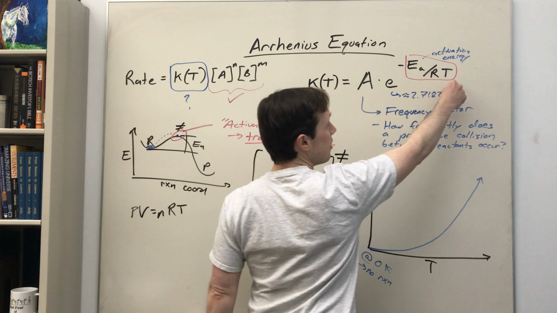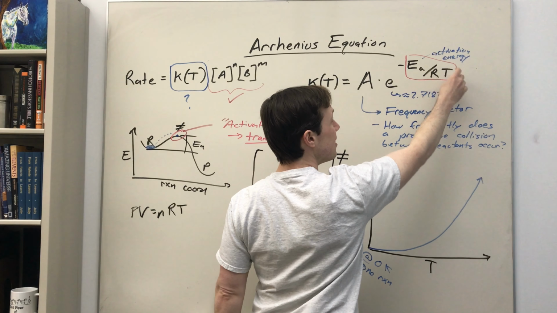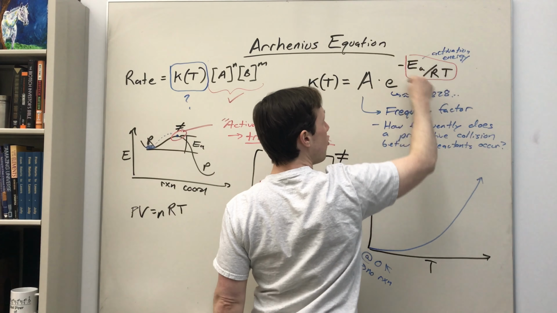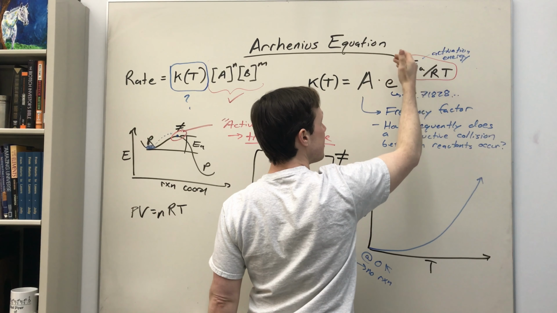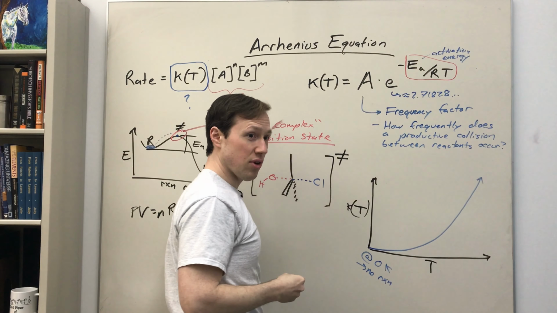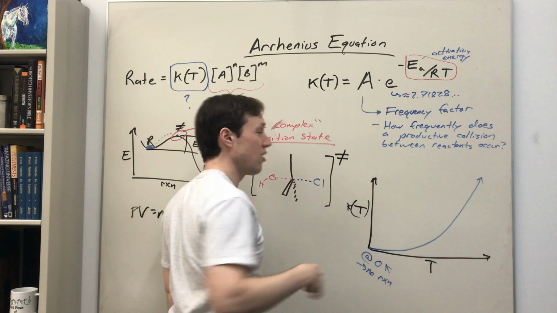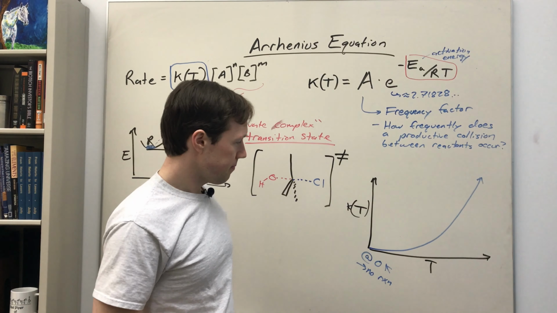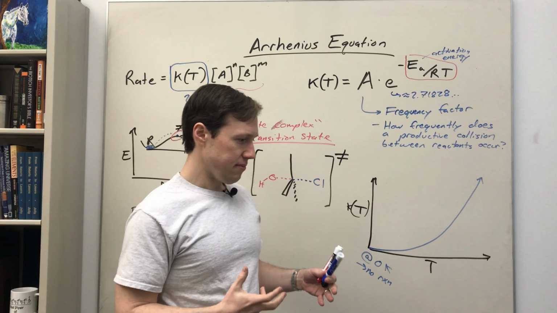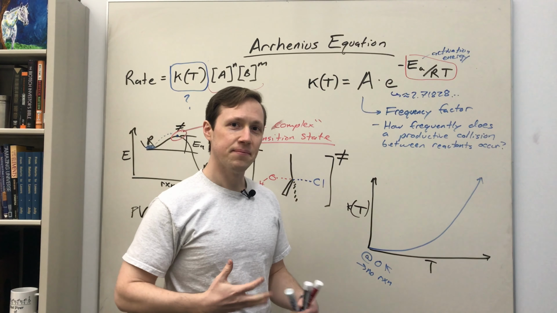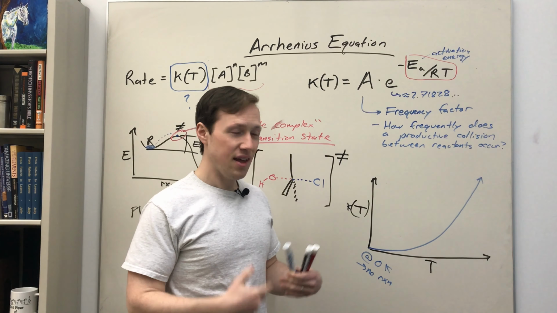In essence, if the T here goes to 0, this whole fraction goes to infinity, and e to the negative infinity is going to be effectively 0. The result will be that our rate constant will go to 0. It should make sense that at 0 Kelvin, where no atoms can be moving, our rate should be basically 0. If atoms can't move, they can't react.